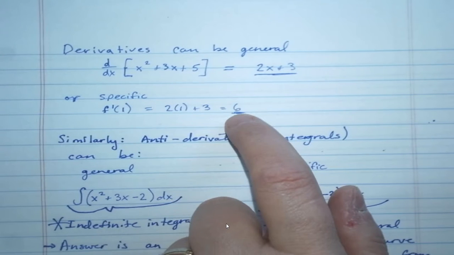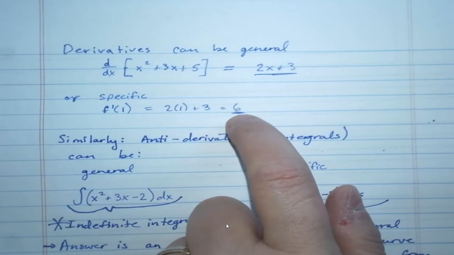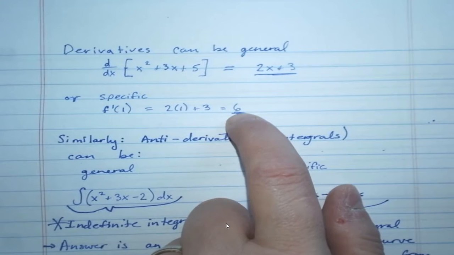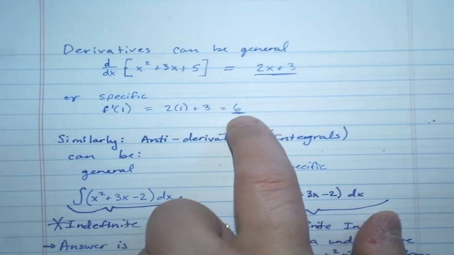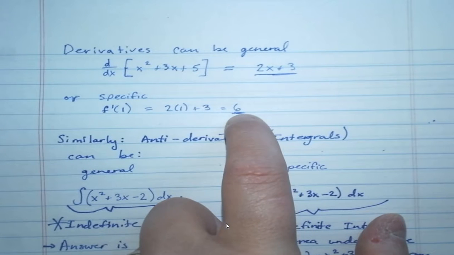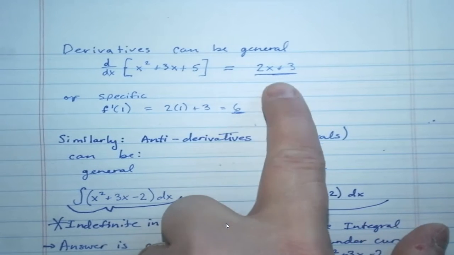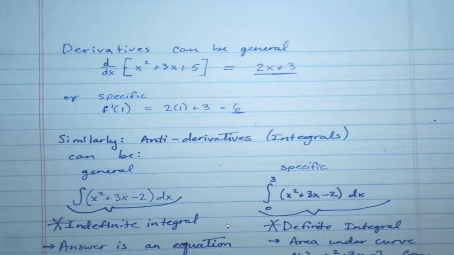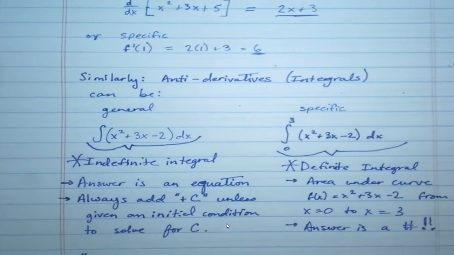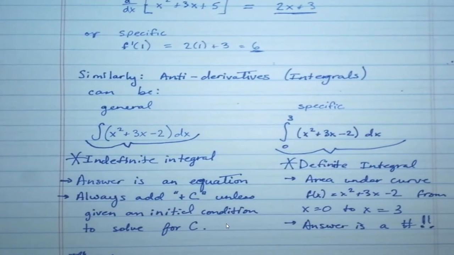That is the slope of the tangent line of that equation at x equals 1, the instantaneous rate of change at x equals 1. So, general, specific. Similarly, antiderivatives, or what we're going to refer to as integrals, can be general or specific.